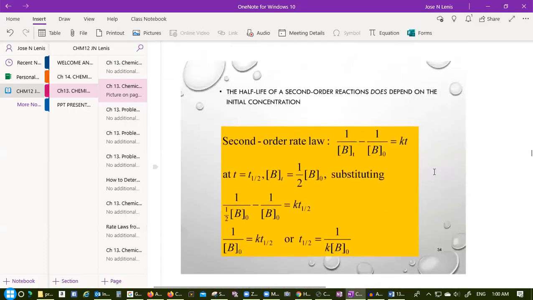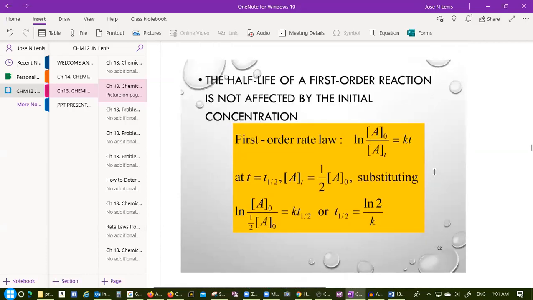However, radioactive material, again, and I insist, goes only through a first order reaction. So in order to solve problems for radioactive materials, we use only this formula and this formula so far.